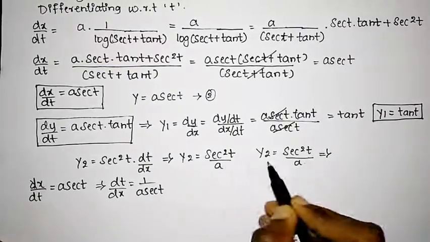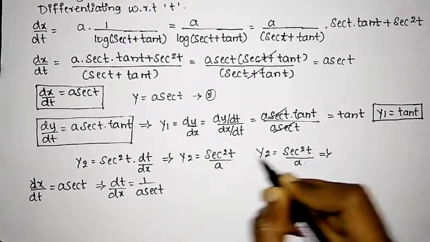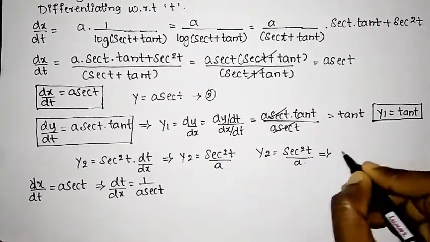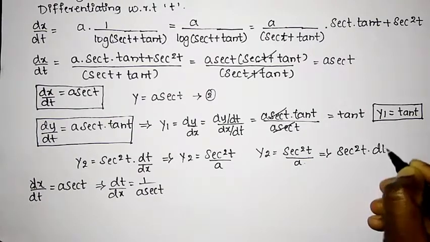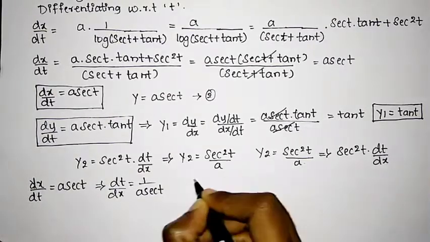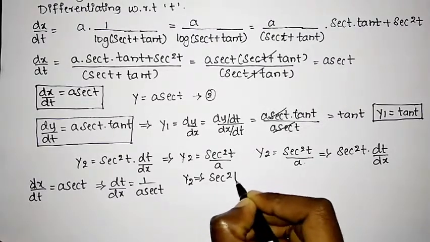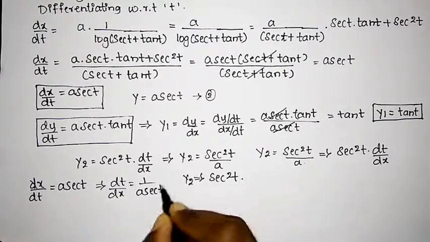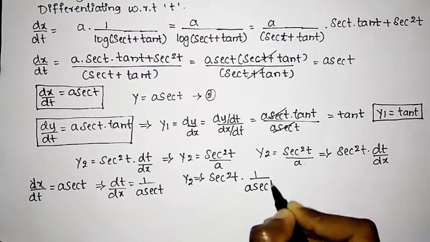So in order to write y2, it will be sec square t into dt upon dx. That is y2 is equal to sec square t into, so dt upon dx is nothing but 1 divided by a into sec t.